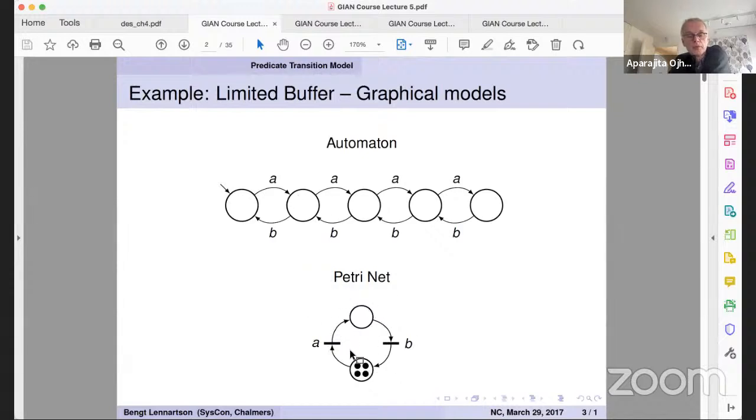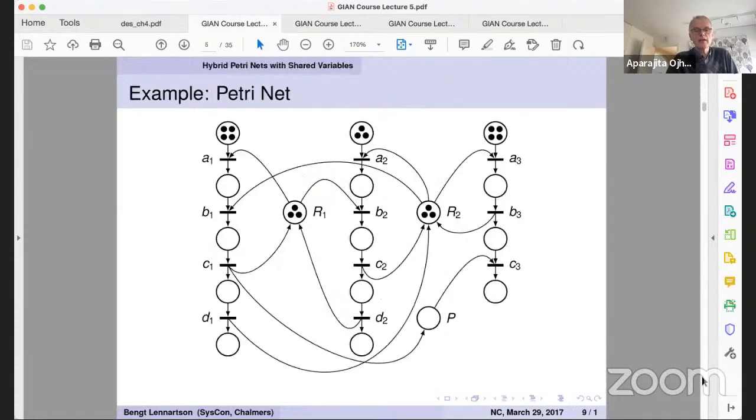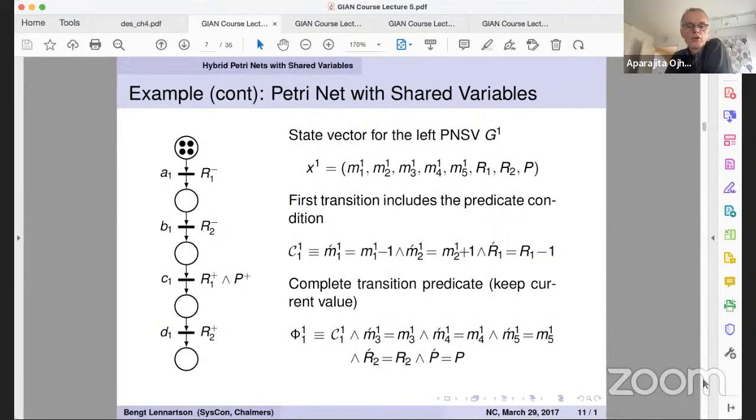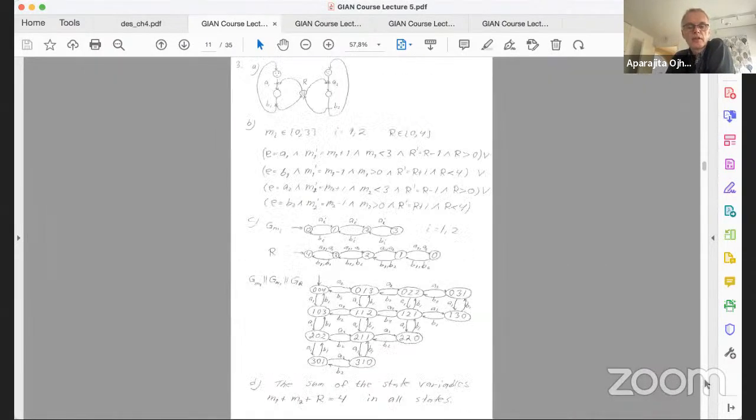This is a bounded Petri-net, and this type of system can always be described as this type of buffer model. And this means also that any place in a Petri-net can be described in the same way. So this is exactly what we see here, that these variables can also be represented by buffer models. And if you generate the synchronous composition, you get this.